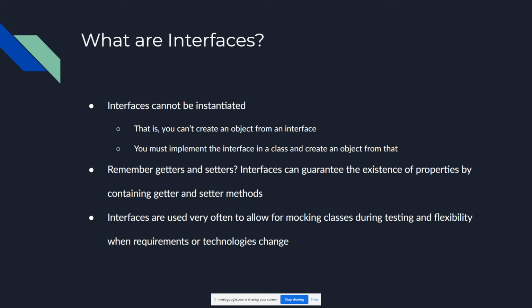And earlier, I mentioned that interfaces don't have variables, right? But you can still encourage that an implementing class will have variables. If you remember getters and setters, this is the way to do it.